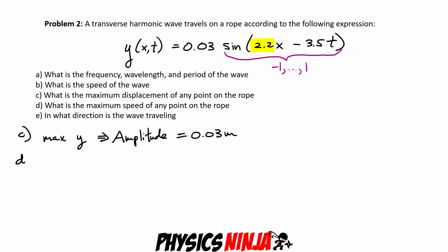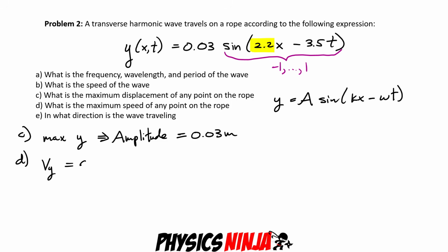All right. D says, what is the maximum speed at any point on the rope? Again, each point on the rope moves up and down. The velocity of any point on the rope in that vertical direction is simply going to be, you have to differentiate this. So I'm going to assume a general form of kx minus omega t for that displacement.